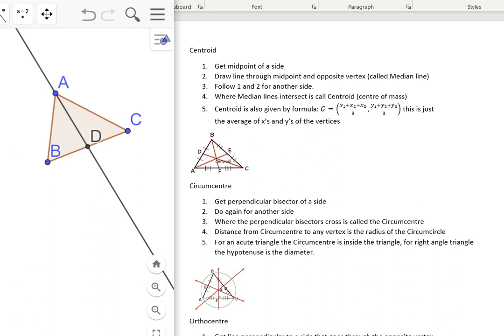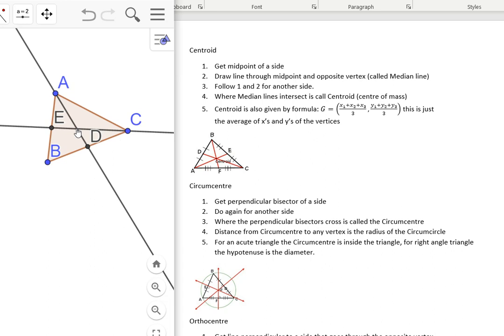Now if I do that again, say if I get the midpoint of AB, I'm going to call it E, then I draw a line from E, the midpoint, out to the opposite vertex, C. This point here, where our median lines cross, is called the centroid.